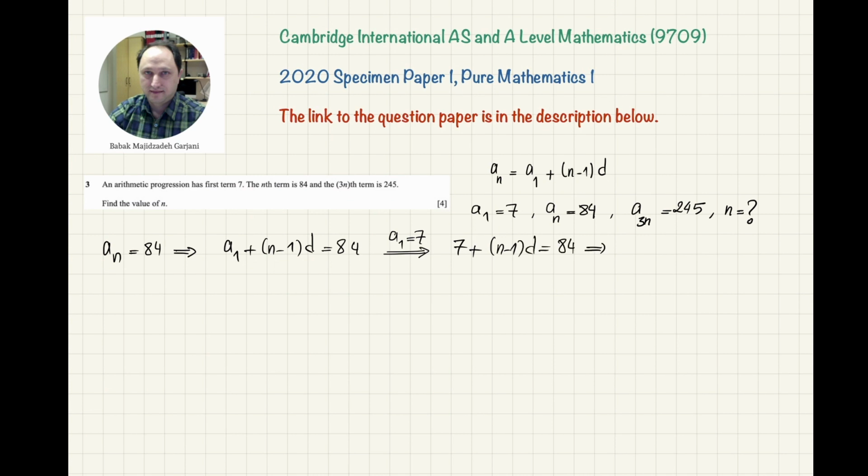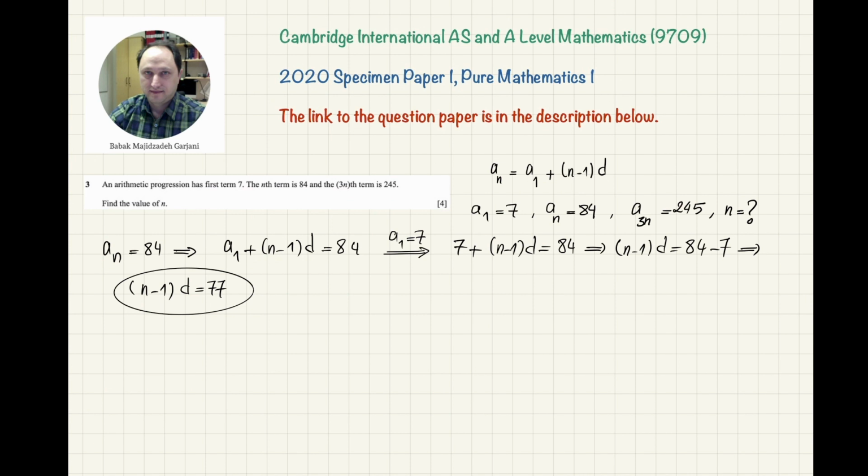Now I move 7 to the right hand side, then it becomes n minus 1 d is equal to 84 minus 7, which is 77. So what I get is that n minus 1 d is 77. Of course, I cannot solve this yet because I have two unknowns, d and n, so one equation is not enough to solve for n and d.